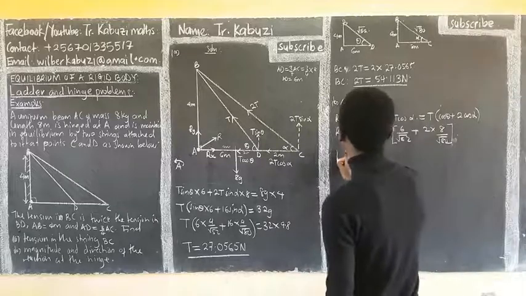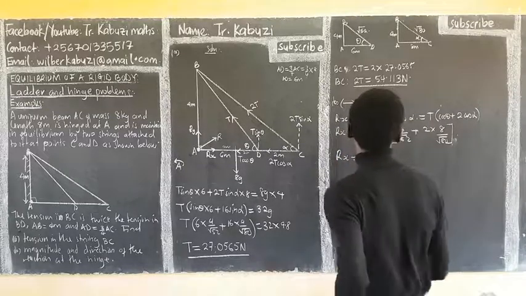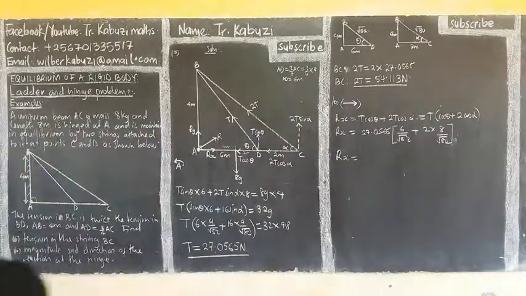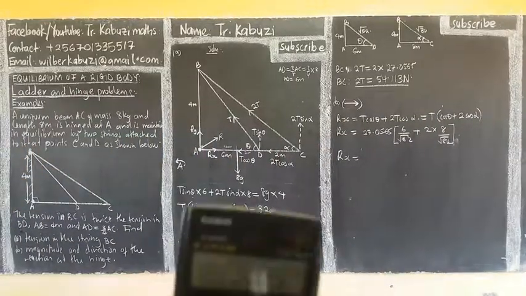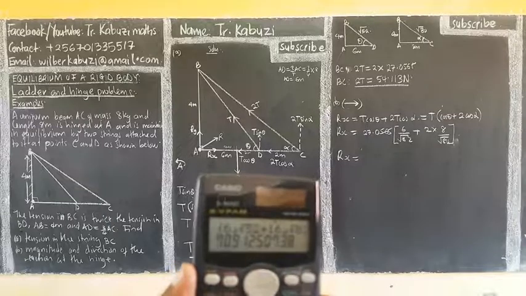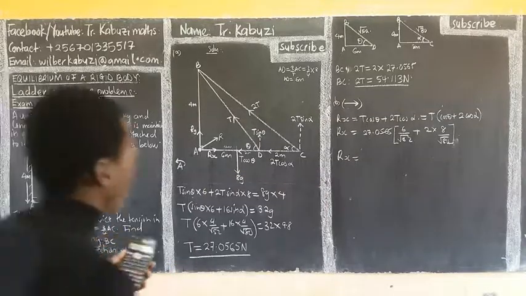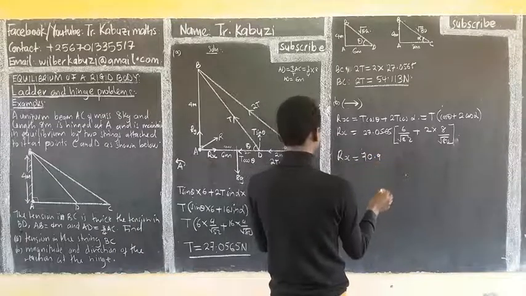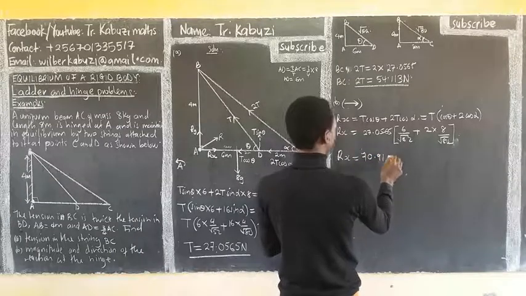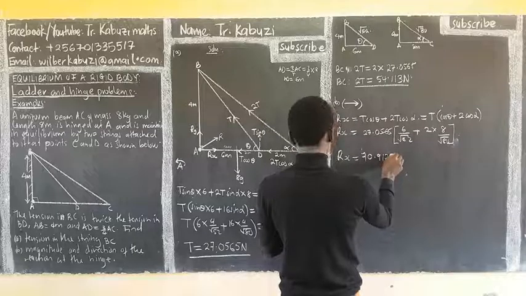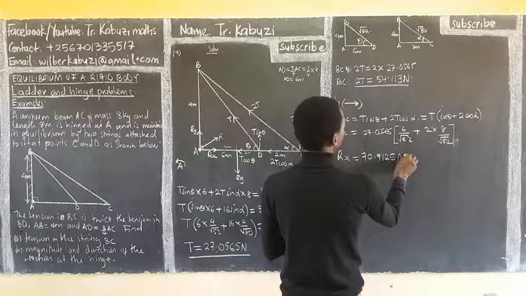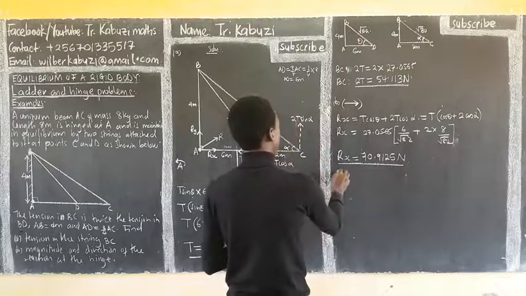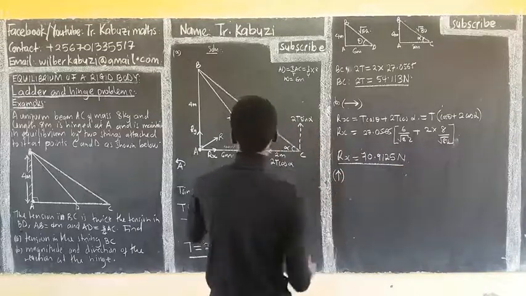Then your Rx here is going to be, so that's my answer for Rx there. So here we're having 70.9125 newtons.